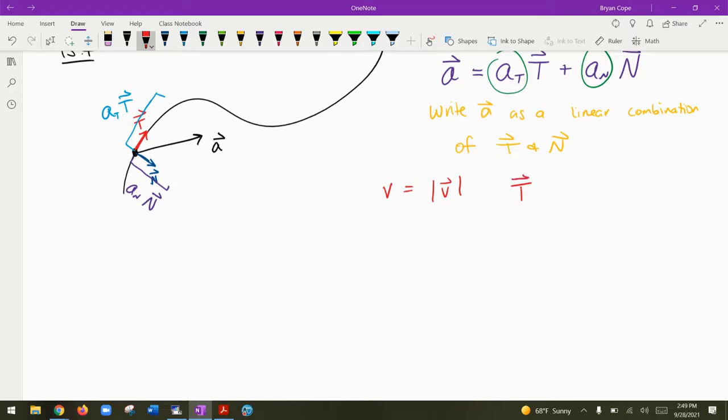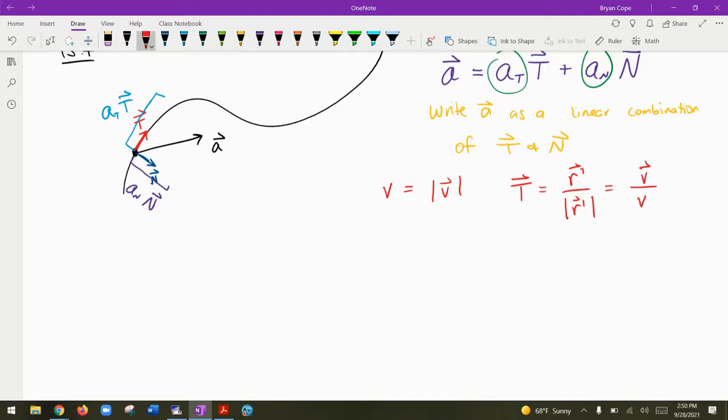The formula for big T, which we know to be r prime over the magnitude of r prime, can instead be written like this: v over v without a hat. It's just a notation thing that we're going to use to help our work later on. We haven't learned anything new here. r prime is v with a vector hat, and the magnitude of r prime is v without one.